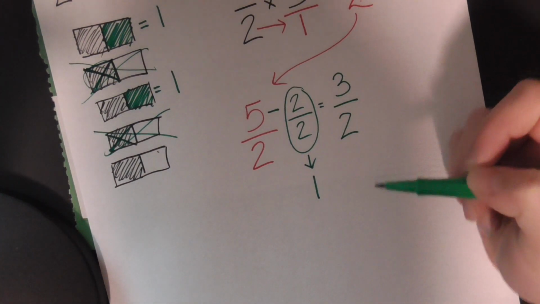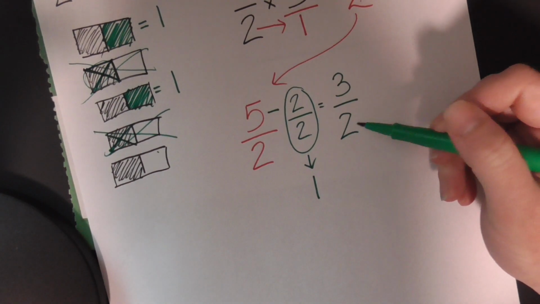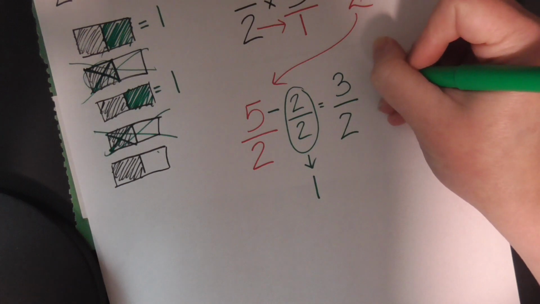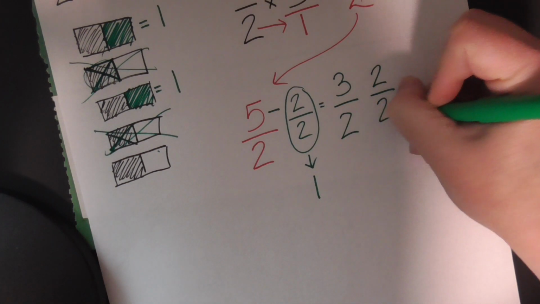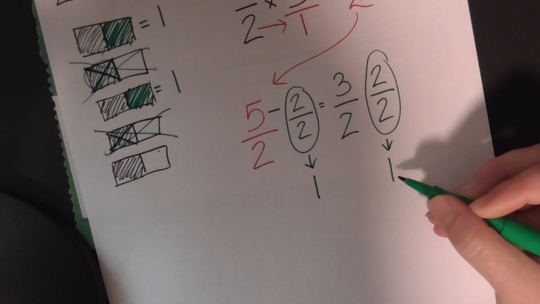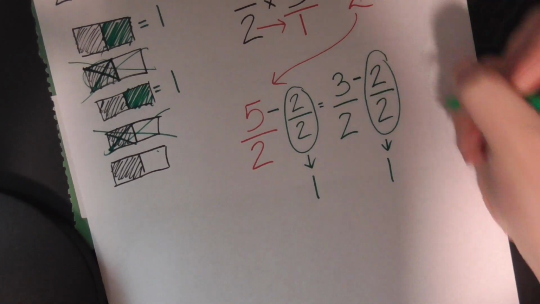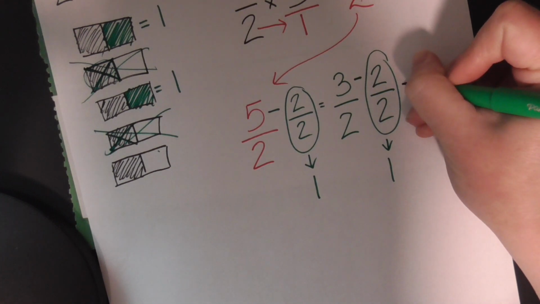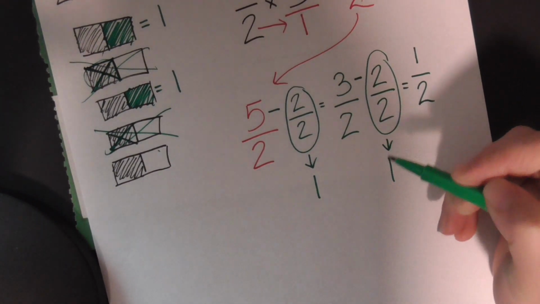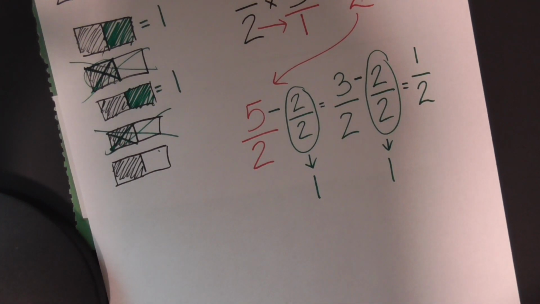I still have a larger number on the top than I do the bottom, so I can take out another whole, which would be a 2, 2. This takes out another whole or another 1, and I still just subtract across the top. 3 minus 2 is 1, and my denominator, or number on the bottom, stays the same.